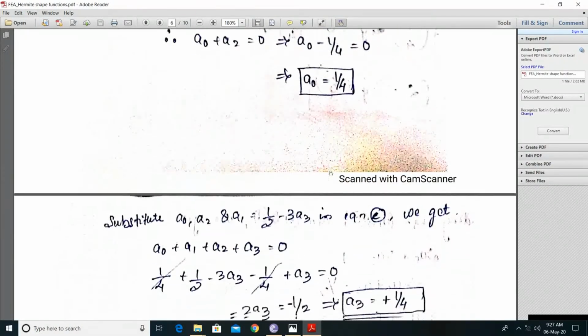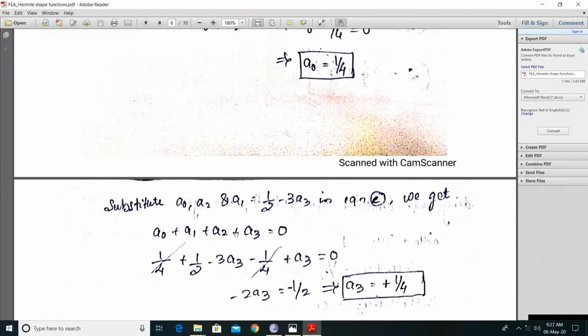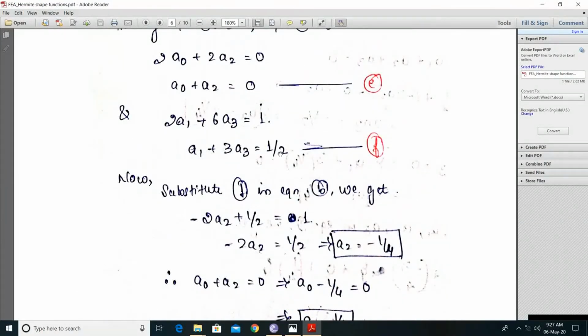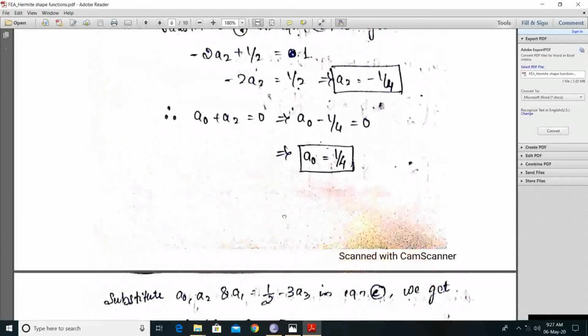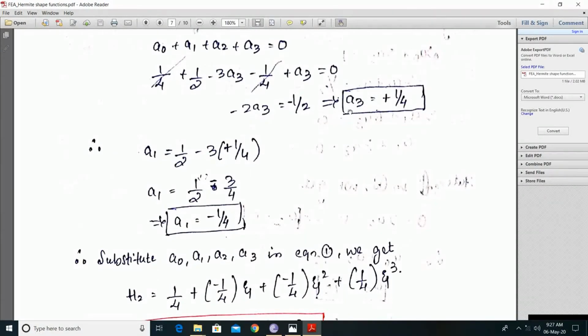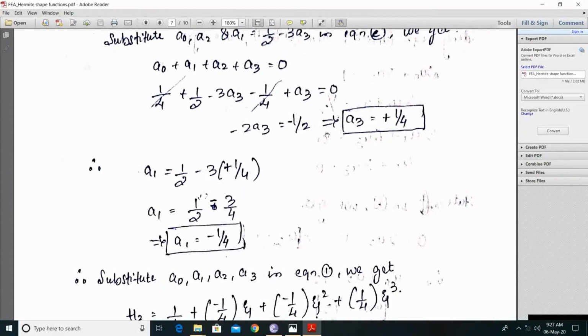Now again using equation C, substitute the values of a0, a2 and a1 from this expression as half minus 3a3. When you simplify this, you will get a3 as 1 by 4.